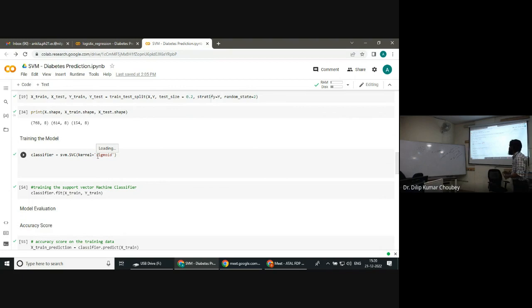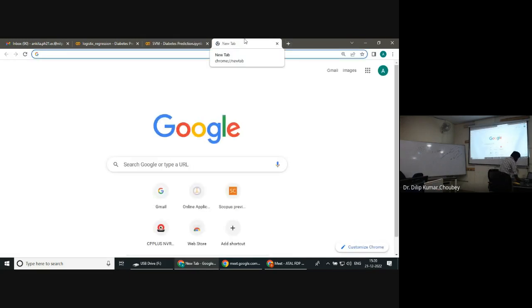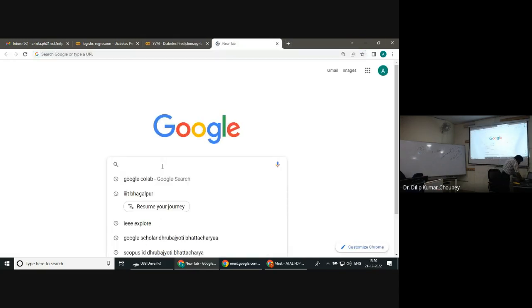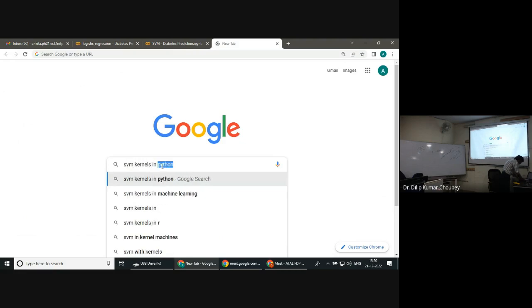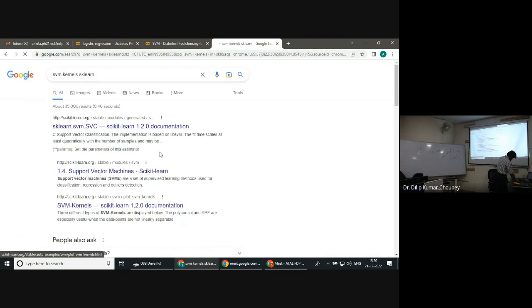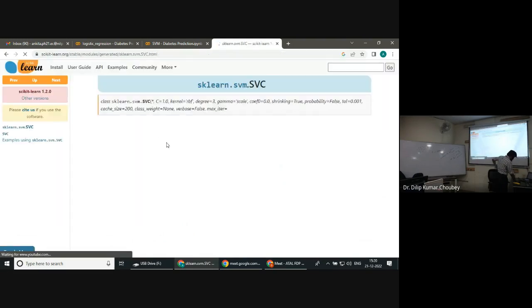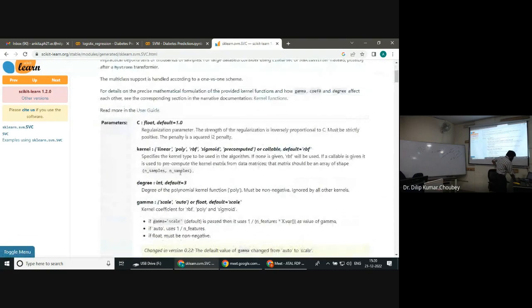If you search for SVM, SVC in sklearn, it will give you the possible kernels. See, the kernels are linear, poly, RBF, sigmoid, precomputed. You can define your own kernel yourself. Okay, so we'll do this for each of the kernels and see what happens.